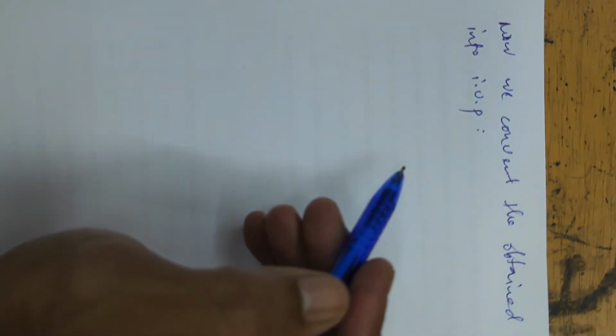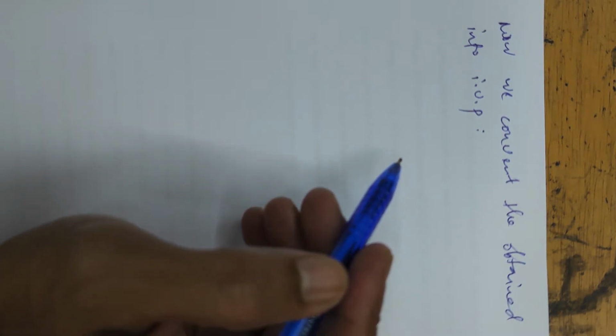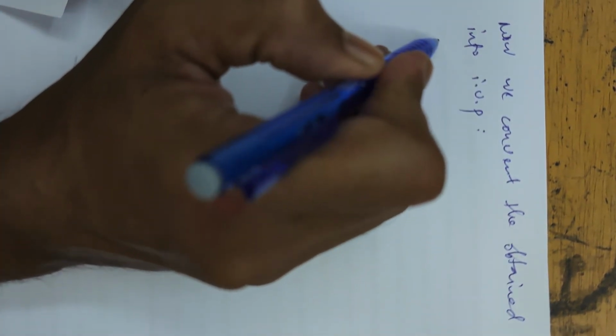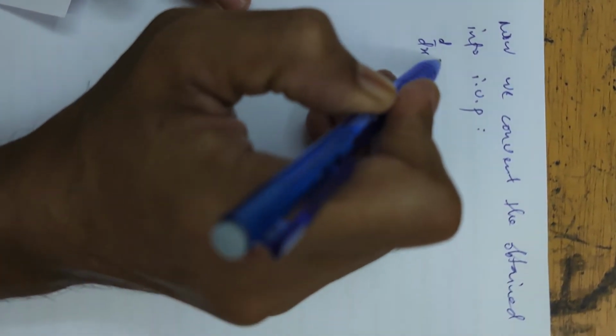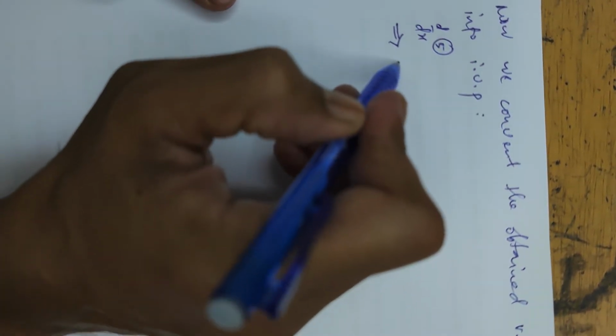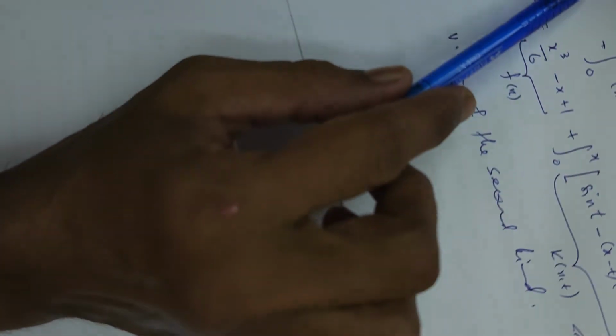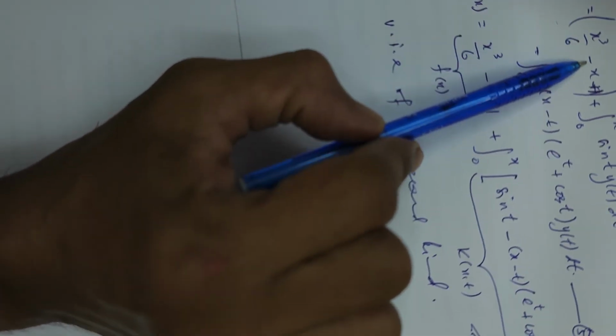Okay, so to do that, we differentiate 5 with respect to x. So d/dx of 5 with respect to x. What we have is y prime, and for 5 we just differentiate those with respect to x.